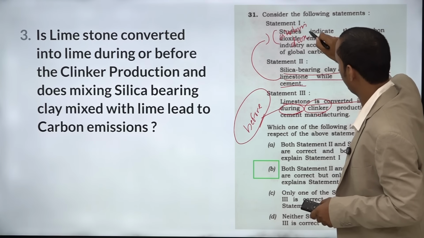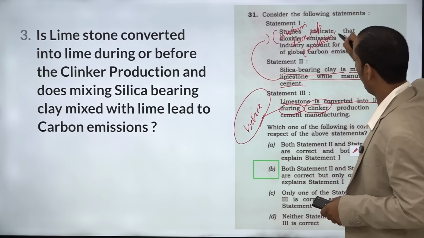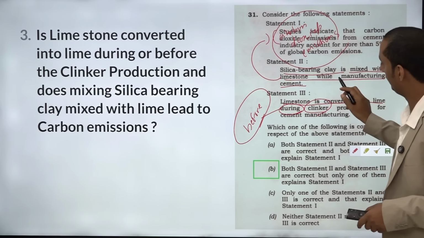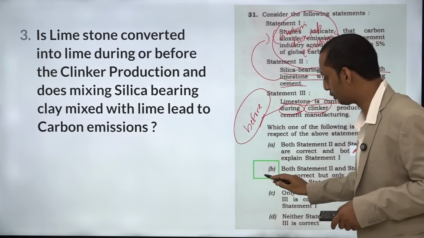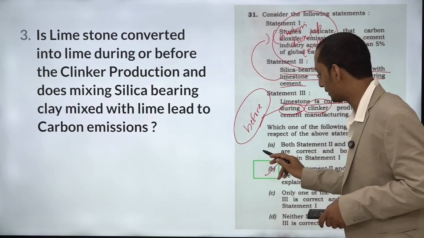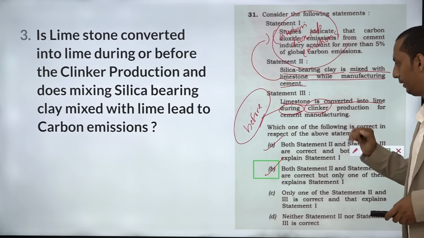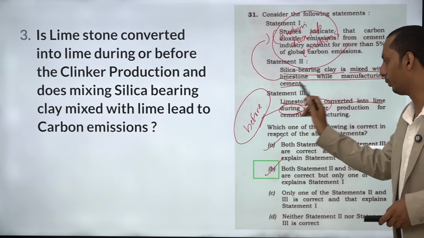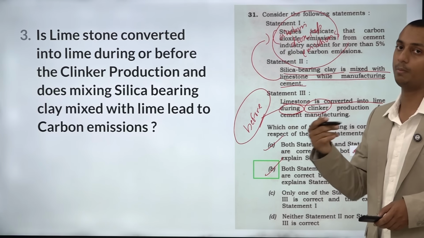If it doesn't lead to carbon dioxide emissions, then the answer should be B. If it leads to carbon dioxide emissions, then the answer should be A. So these are the two confusions. First, whether it takes place during or before the clinker production. And the second is whether it contributes to carbon dioxide emissions.